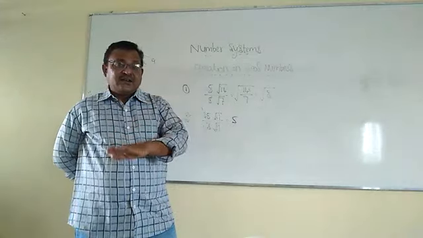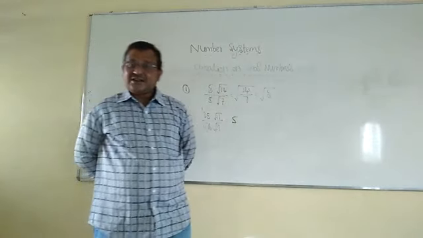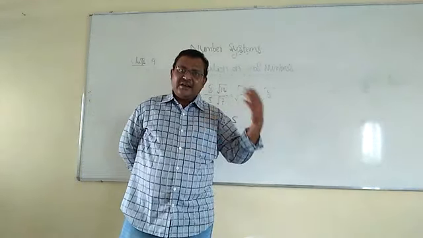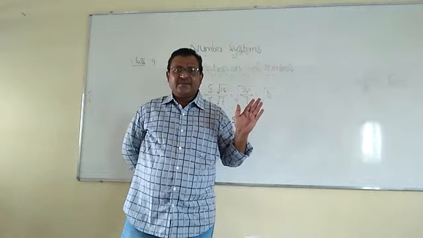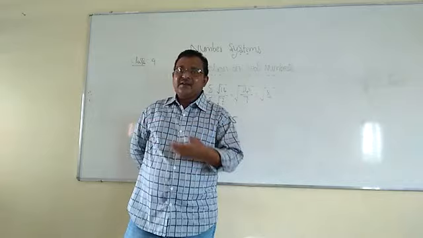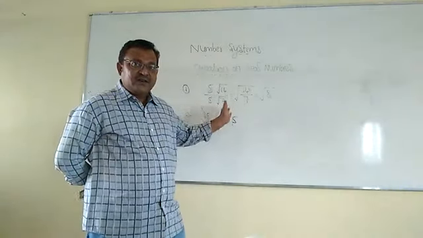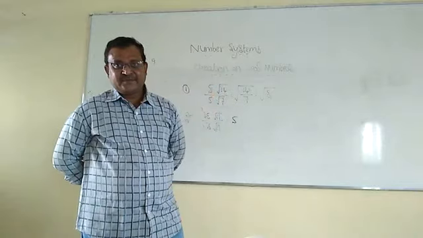So not like that for rational numbers. This result is not for rational numbers. Rational numbers, you add a rational number, then you will get result rational only. Subtract, then also you will get rational only. Multiply, then also you will get rational only. Divide, you will get rational only. So this is not for irrational numbers.